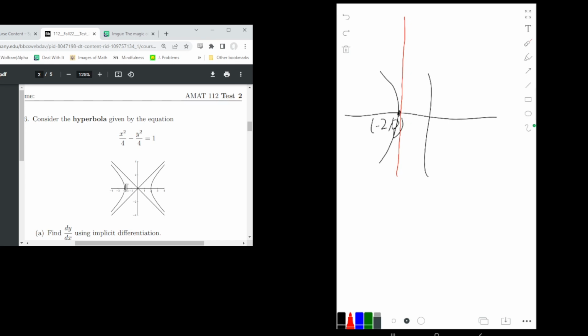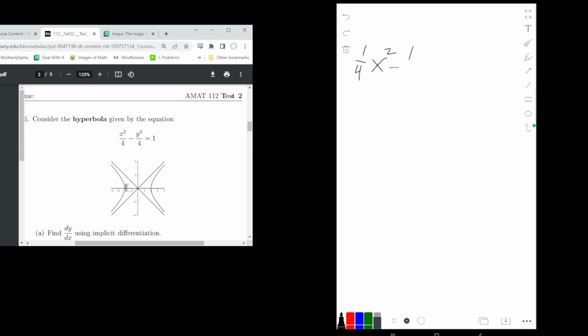So, what's the derivative? The first thing I'm going to do is rewrite this as 1/4 x squared minus 1/4 y squared. There's no particular reason why we should or should not write it this way.